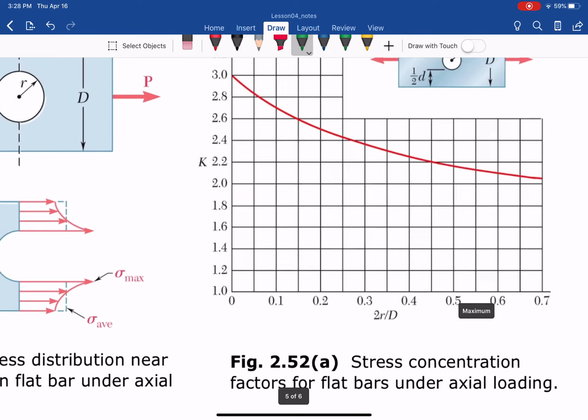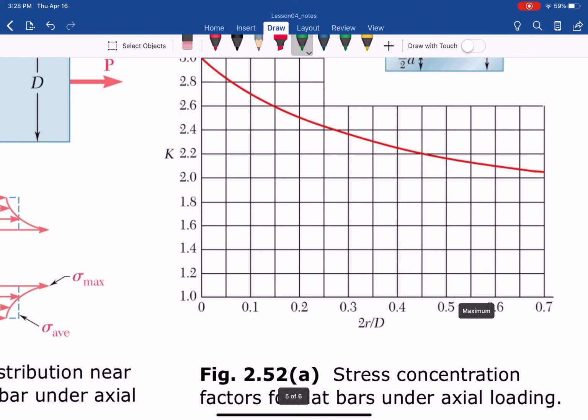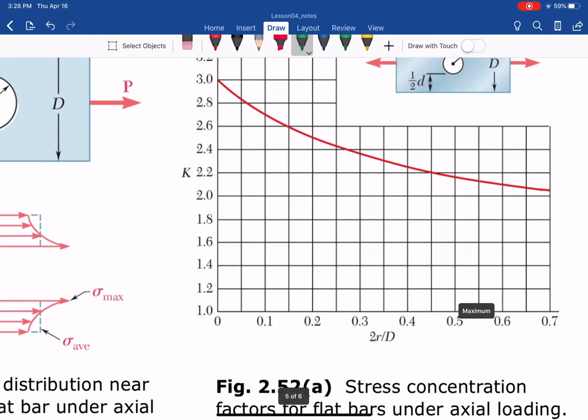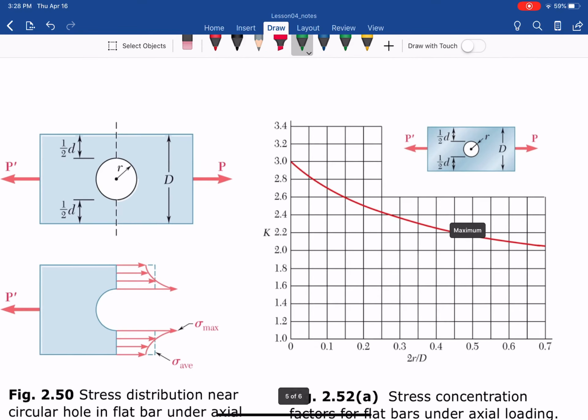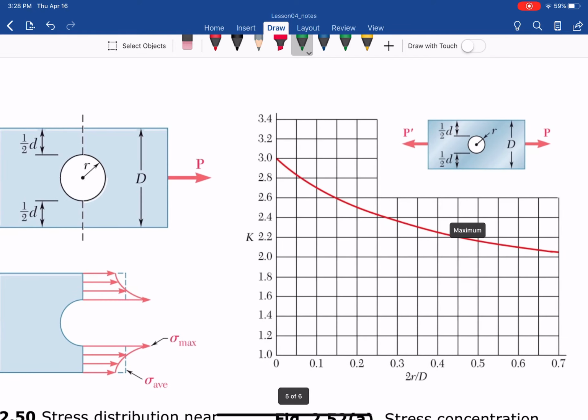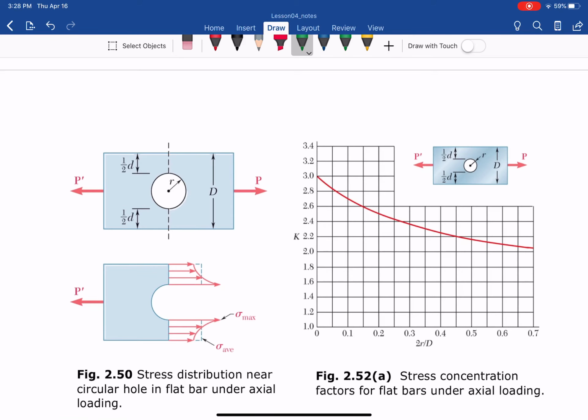What you need is to find the ratio 2r over D capital on the horizontal axis, and with that geometry, you go up to find the K on the vertical axis, and that lets you determine the maximum stress at the hole.